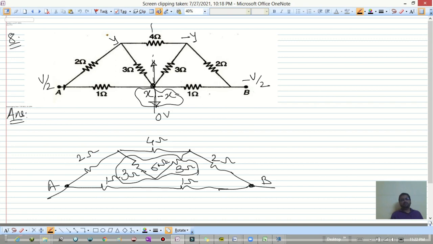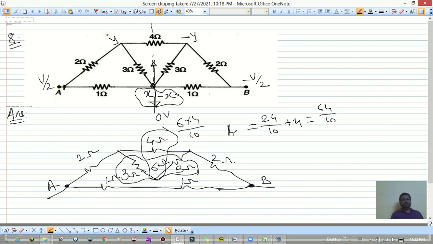It will become 6 ohm, which is in parallel with this 4 ohm. So 6 into 4 divided by 10, which is in series with this 4, and they are in parallel with this 2. So it is 24 divided by 10 plus 4, which is equal to 64 divided by 10.